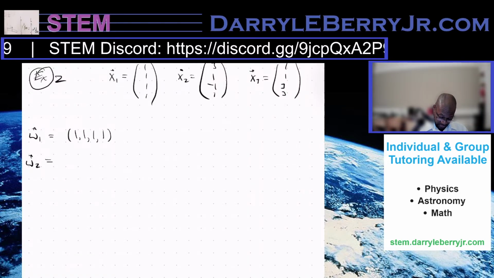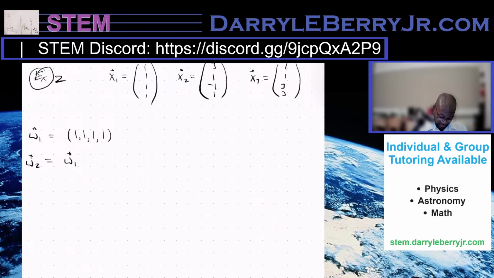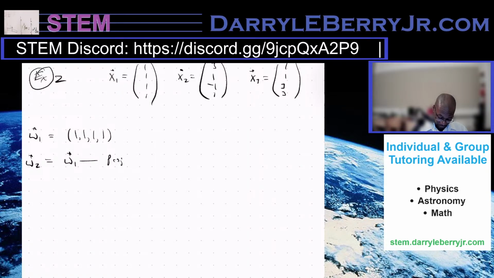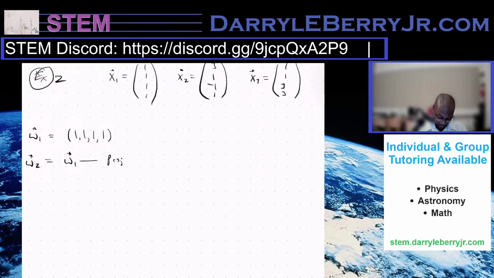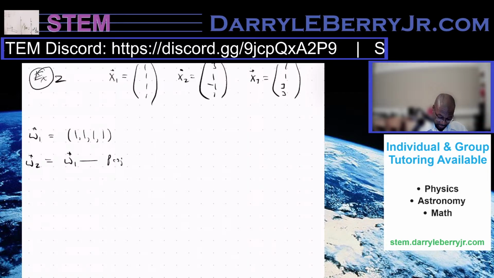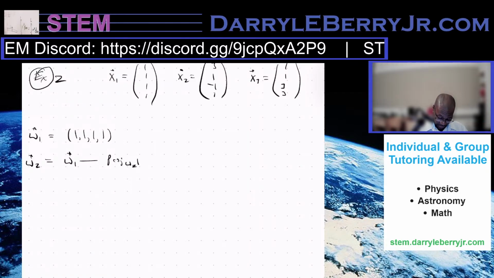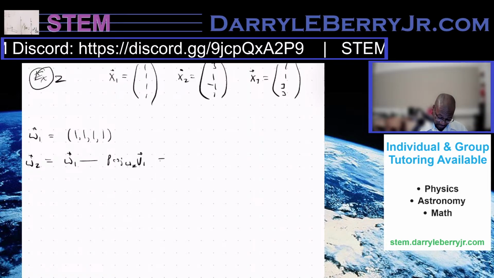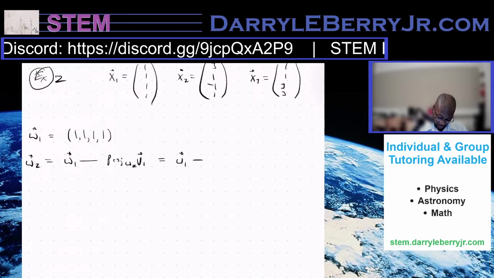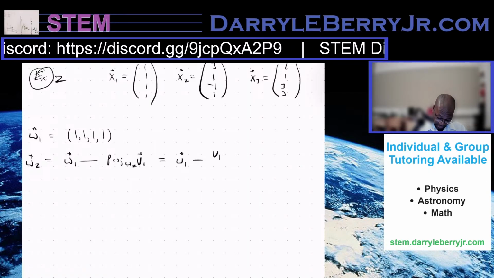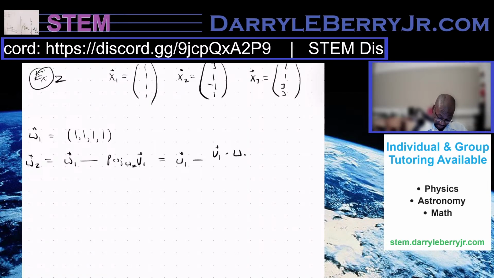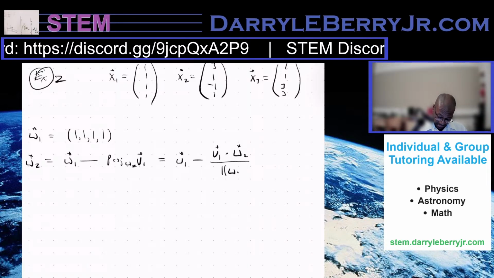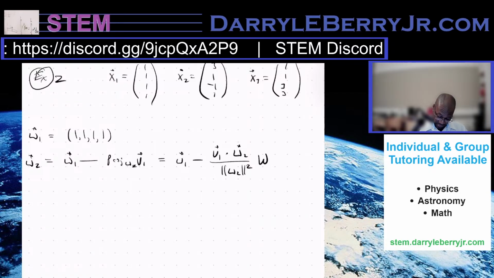The second one is going to be the first one minus the projection onto the second one of the initial first one, W1 minus V1 dot W2 over magnitude of W2 squared, W2.